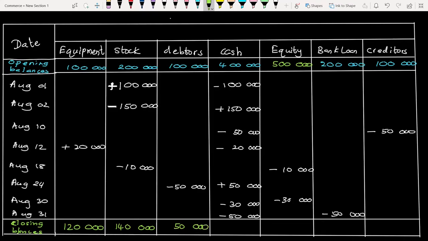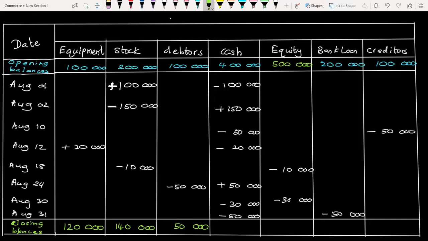Then what about the closing balance of cash column? The opening balance of cash is 400,000. Then minus 100,000, right? So 400 minus 100 is 300. 300 plus 150 is 450. 450 minus 50 is 400. 400 minus 20 is 380.